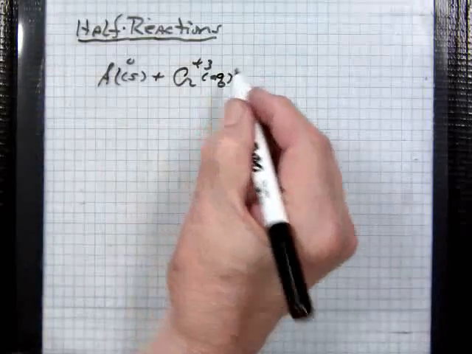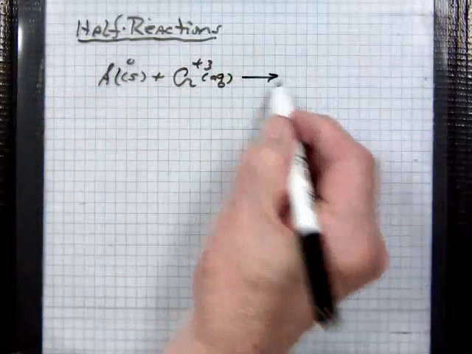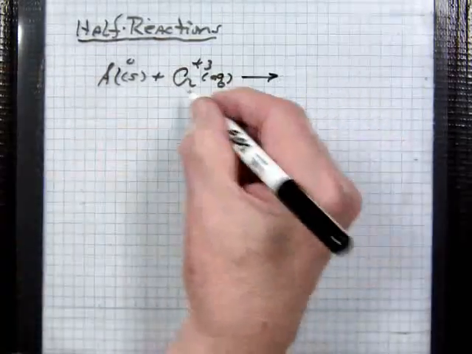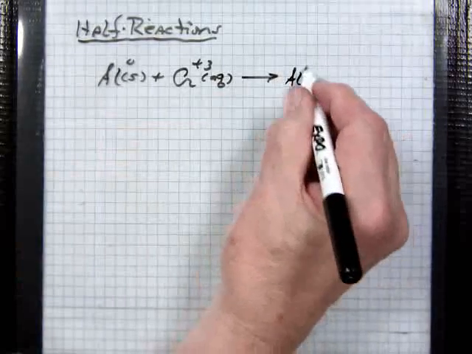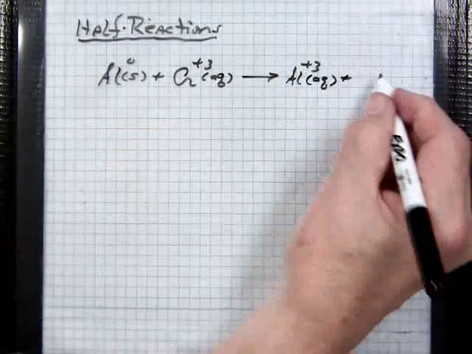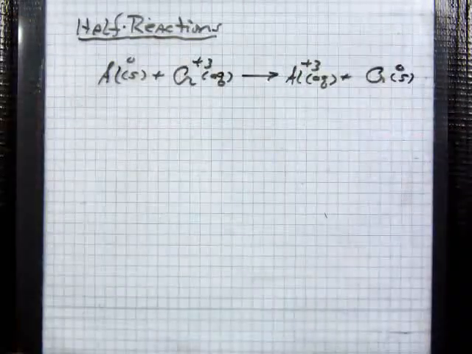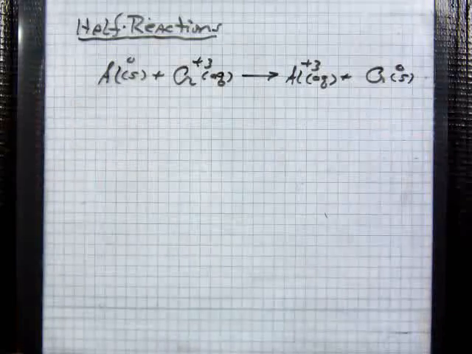It's not entering into the reaction, but we'll get to that later. And then it will go to aluminum plus 3, aqueous, and then the chrome will return to basic standard state like that.